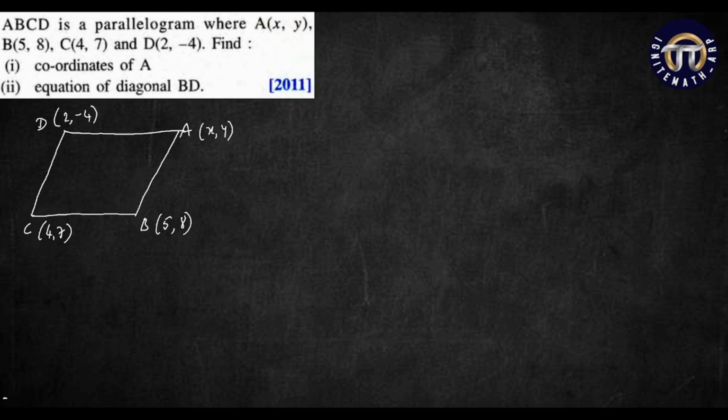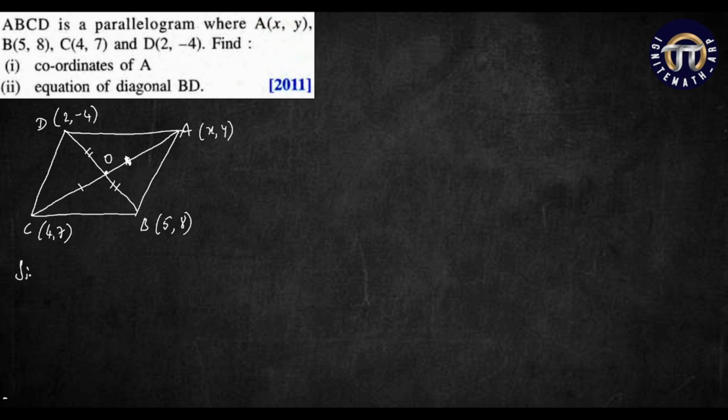Clear, children? Now what I do here is draw the diagonals. Since it is given that ABCD is a parallelogram, you know that diagonals bisect each other. So O is the midpoint of the given diagonals.